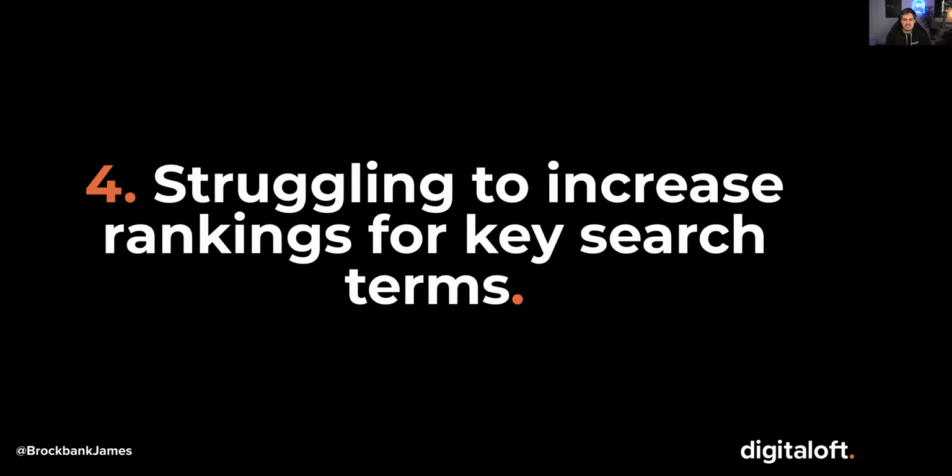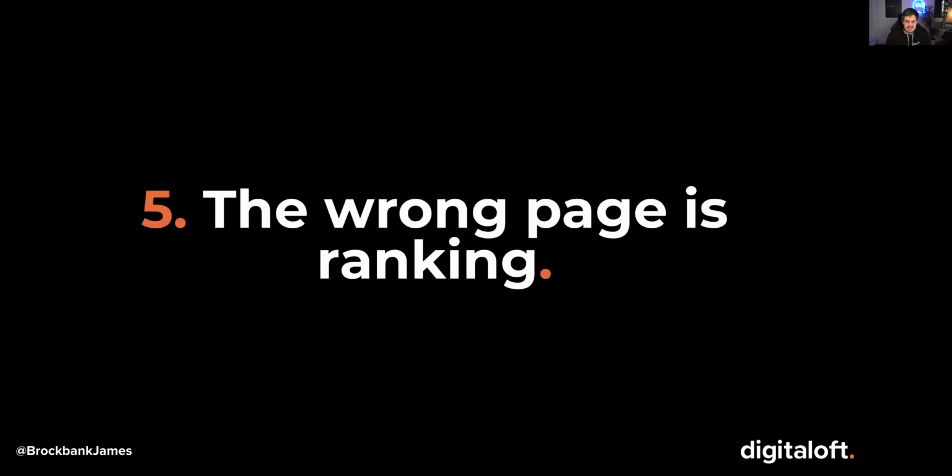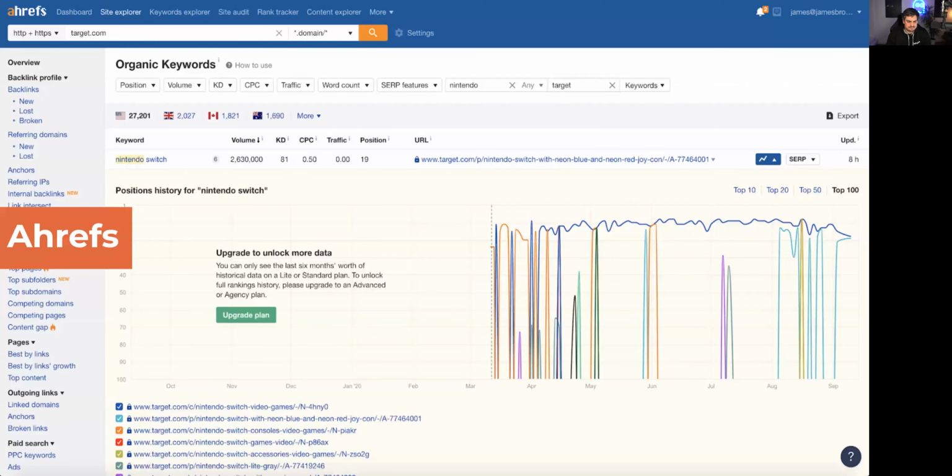Sometimes you might find that you're struggling to increase rankings for the key search terms that you're targeting, that in theory you should be ranking for, but whatever you do, you can't get that to increase. Or in many instances, it could be simply that the wrong page is ranking. Google and the other search engines are understanding that the signals are pointing to the wrong page and that you're not serving that best intent page.